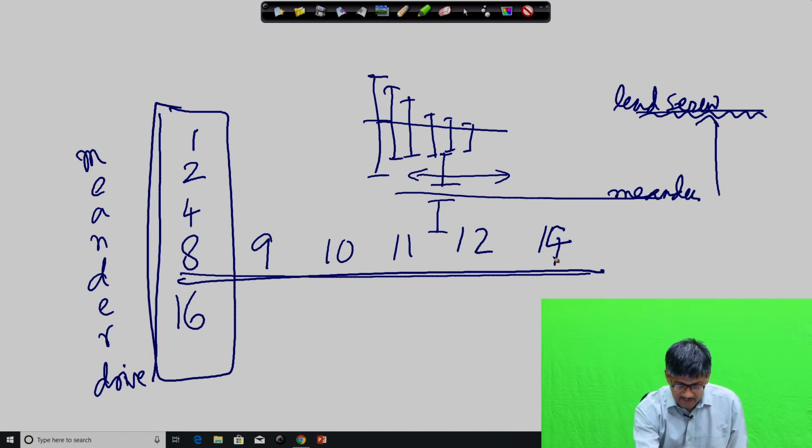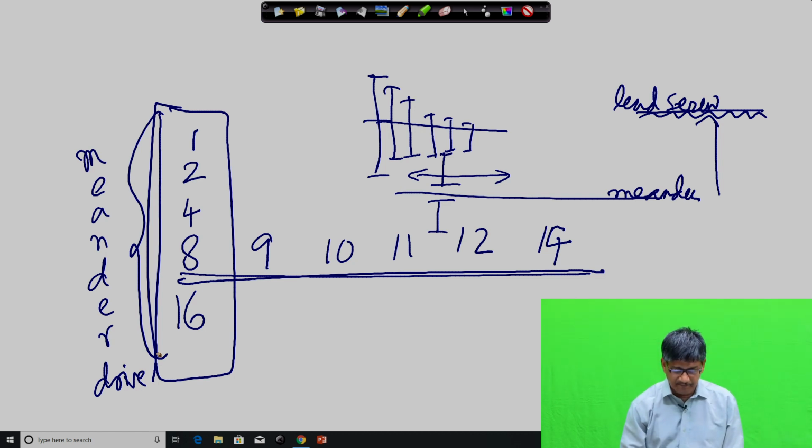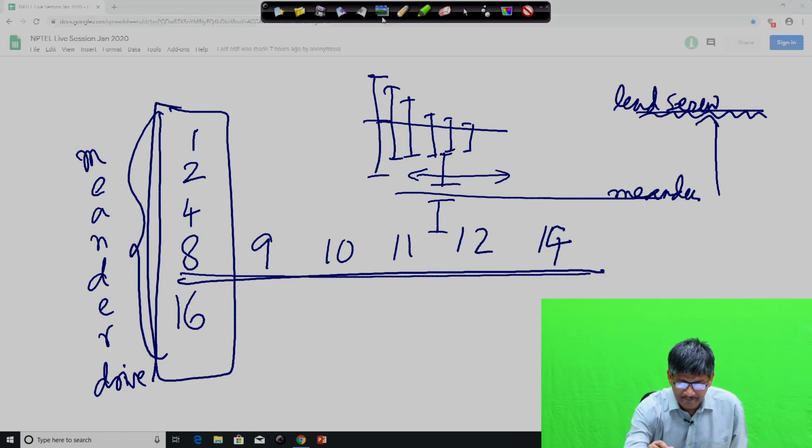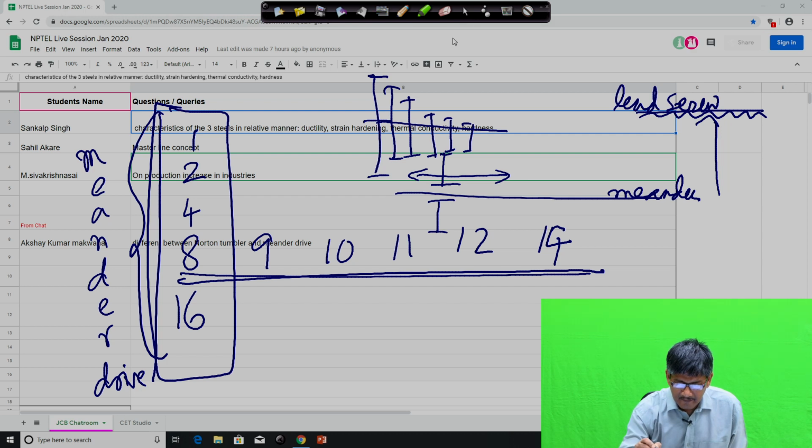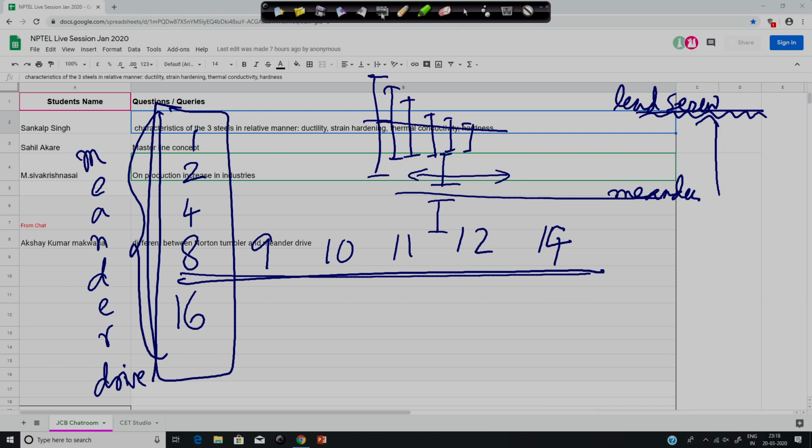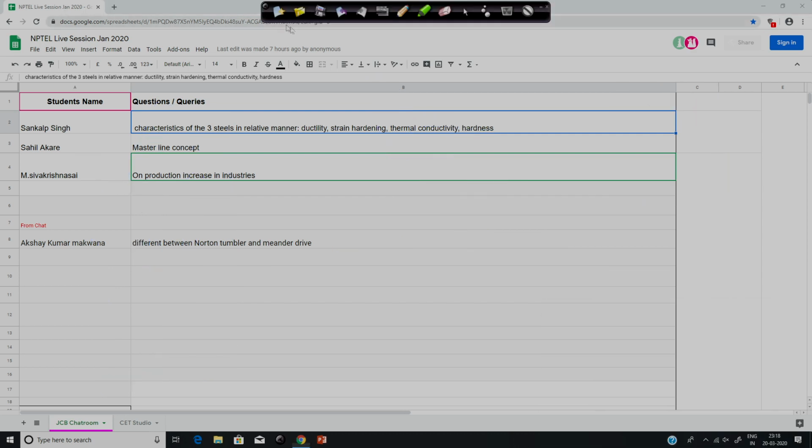So, this way you can easily find out which is shifting by a factor of 2, this one. So, this one must be obtained by meander. Okay. So, let me go back, erase.